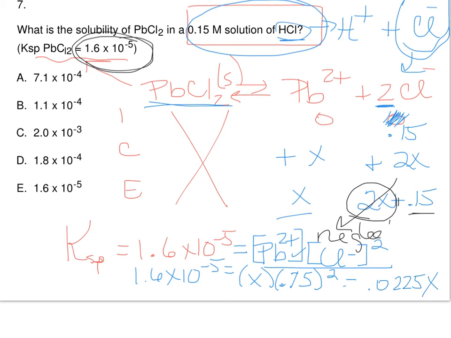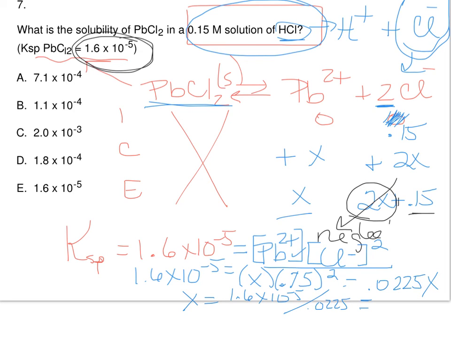Okay, and then solving for x is 1.6 times 10 to the minus 5 divided by 0.0225. And x, remember, x is a molarity term, a solubility term. Okay, so that will be our answer. It's asking for solubility.